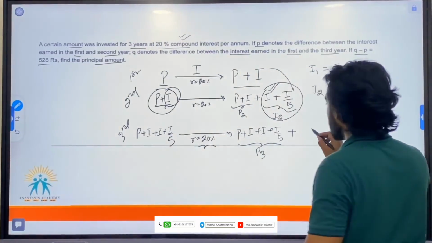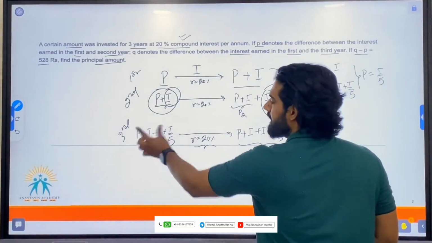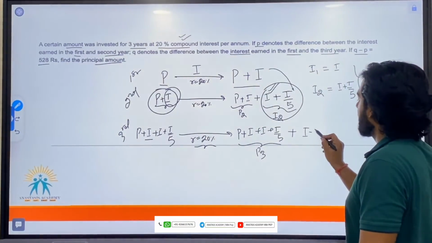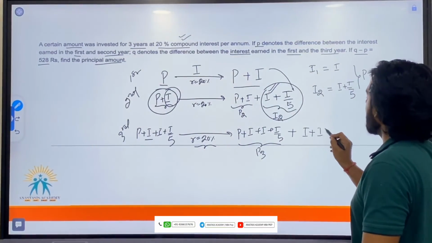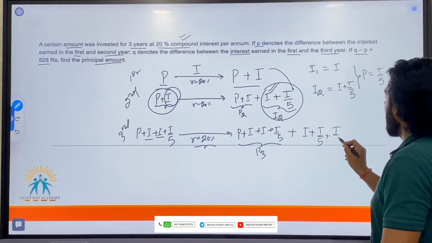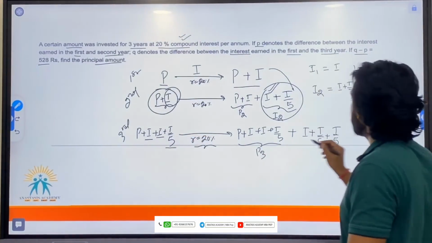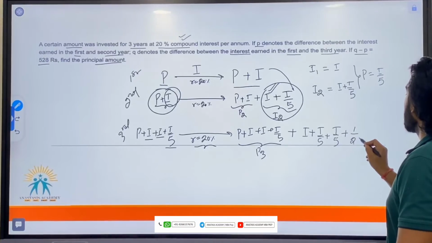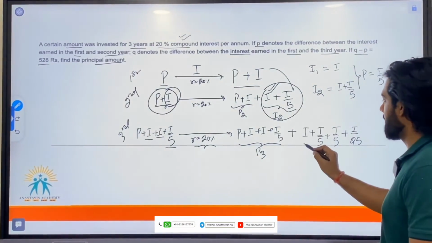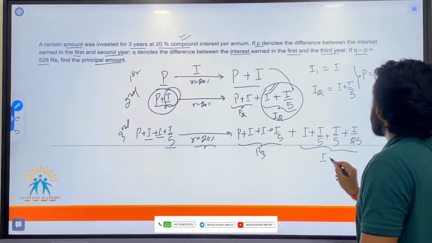I'll get I for this P principal, right? For this I with the 20% rate of interest, I would get I by 5. Next for this I by 5, 1/5 would be I upon 25. This is third year's amount, and this is third year's interest.